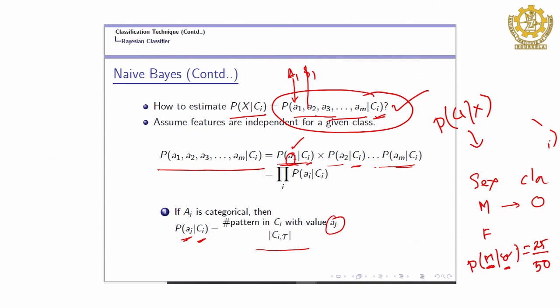You count how many within this particular class have a home. That will give you this value. I can give you one more clear example with the data set we will be working with here.